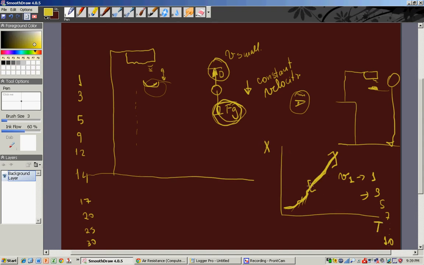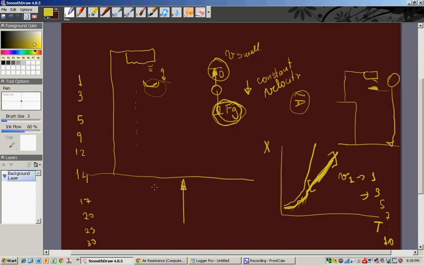You just need to analyze your position versus time and find where the curve slopes. As you increase the mass, the slope will increase, which means your terminal velocity will increase.